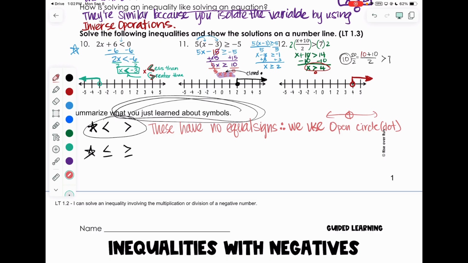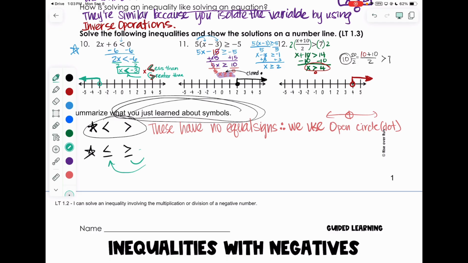Okay, you can do closed circles and open circles. Circle one for each one. Why? Because the one without the line under it is open. And then the one with the line has the closed.